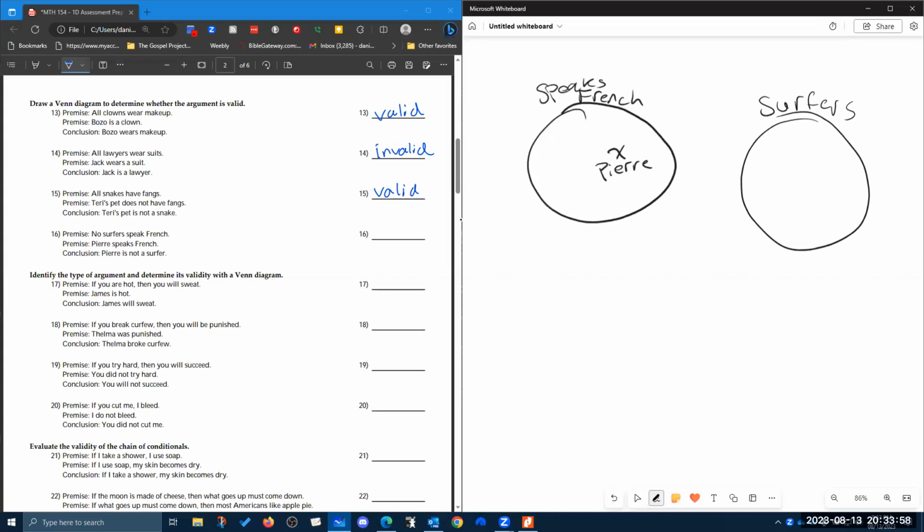Right? Therefore, Pierre is not a surfer. It's valid, right? Okay. It doesn't have to do anything with the truthfulness of the premises. Just assuming these two premises are true, is the conclusion valid? Yes. Pierre speaks French. He can't be a surfer because no surfer speaks French.